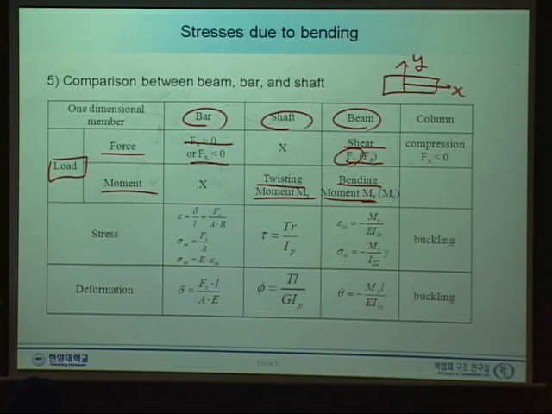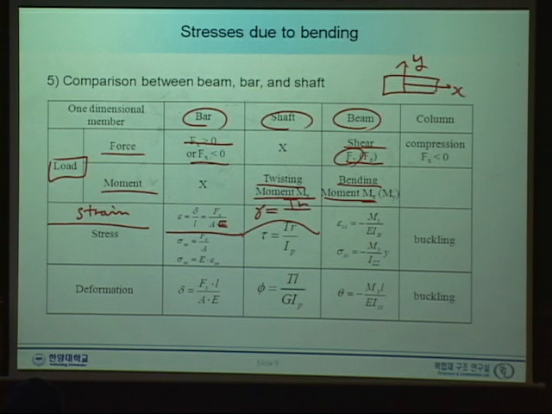Now, how about the stress? Well, the strain is missing here. Strain is simply F over EA here, and stress is F over A. In the shaft case, we have gamma equal, what do we have?